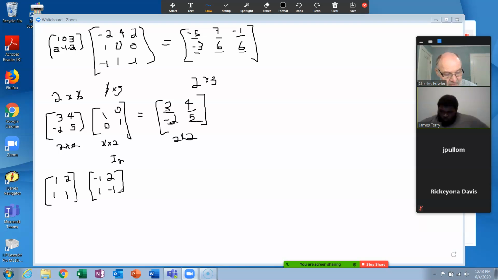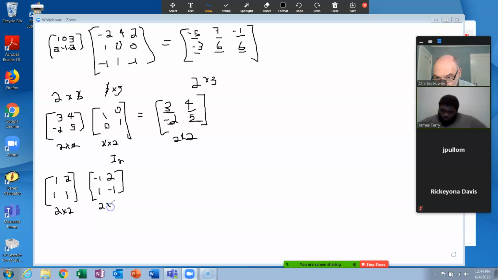Interesting, but do it. First, can you multiply these together? Yes. Okay, I did copy it right, didn't I? Yes, because this is a 2 by 2 and this is a 2 by 2.